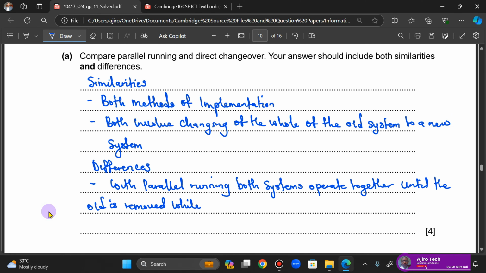While with direct changeover, the new system is implemented immediately.